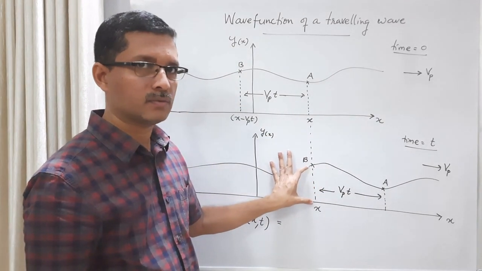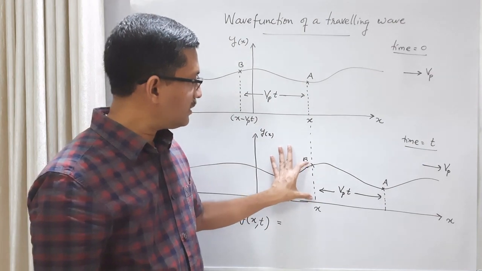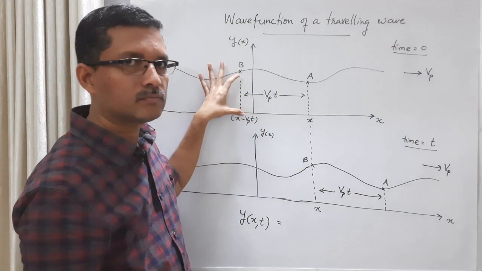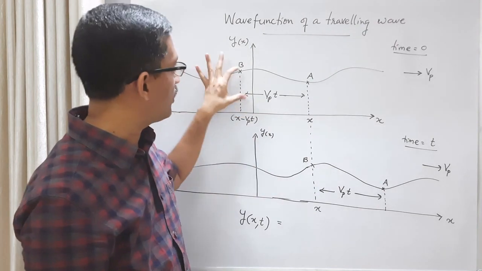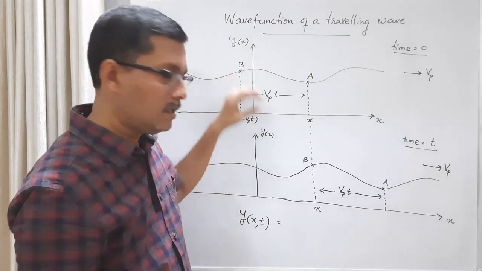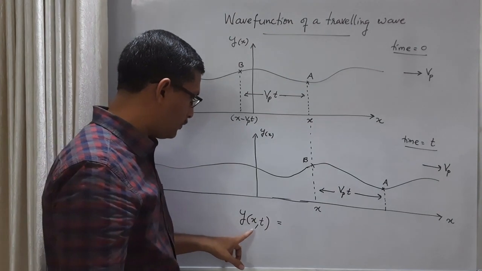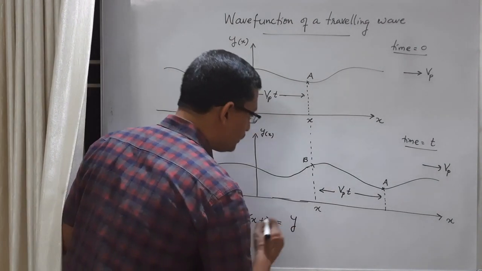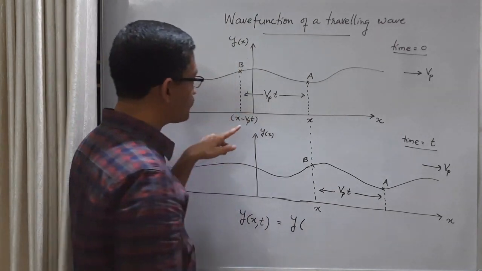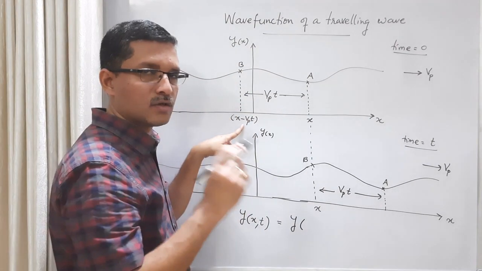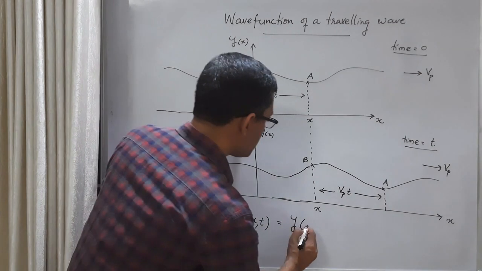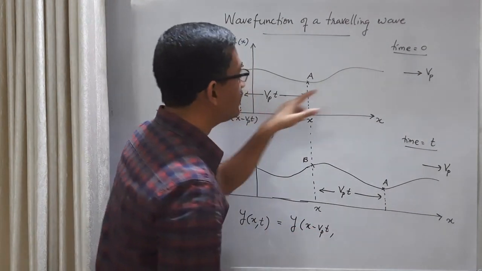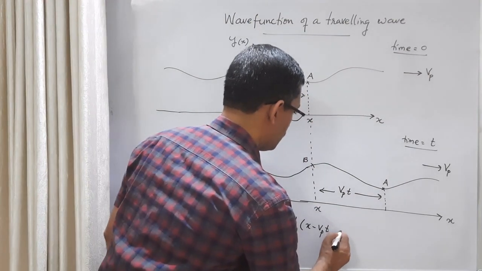This is the amplitude, right? But this amplitude is the same as this amplitude, right? It's the height of the point B from the x-axis. So the amplitude of the wave at the position x at the time t must be equal to the amplitude of the wave at the location of the point B. So at the position x minus Vp t at the time 0.